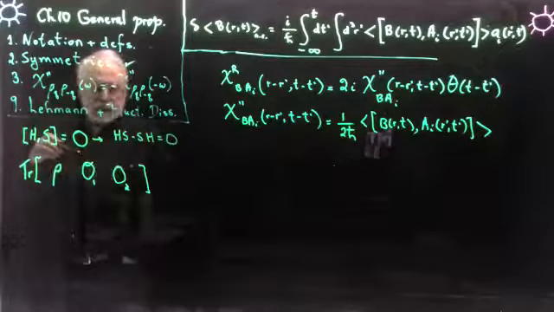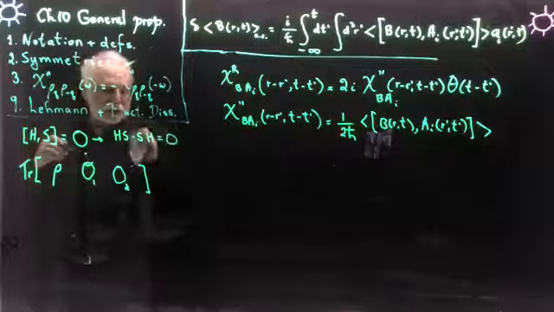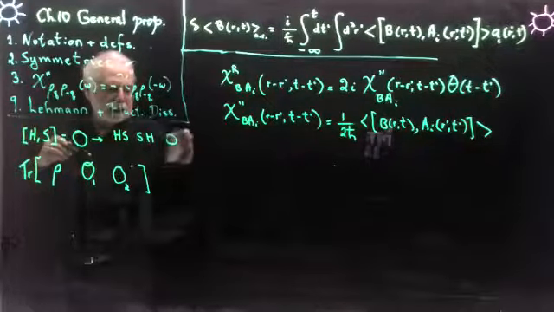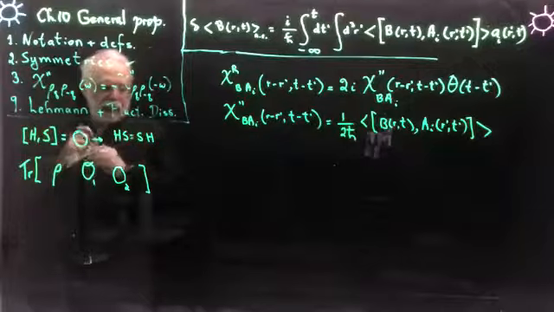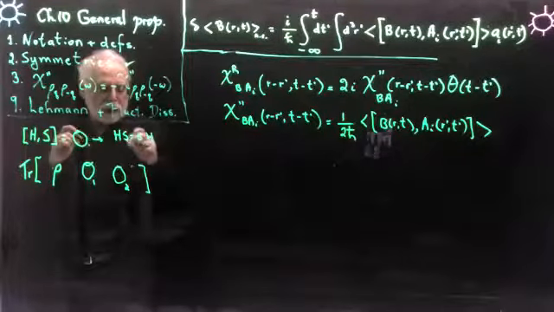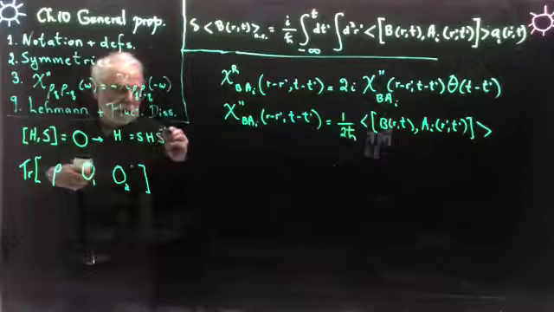So I can rewrite it this way: I can put S H and then multiply by S minus 1. I could have done it the other way, but S minus 1. Okay.